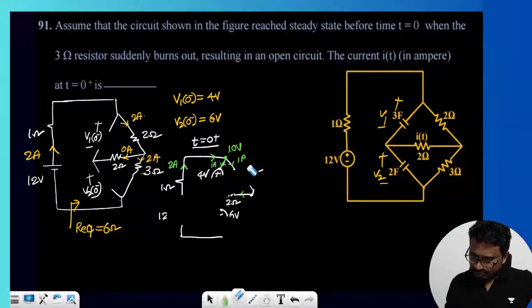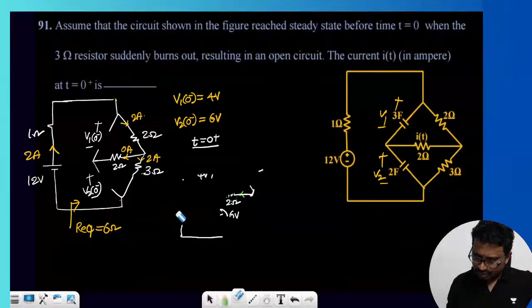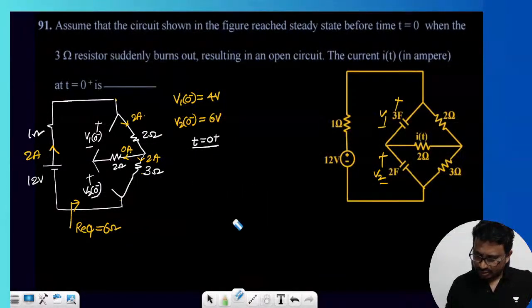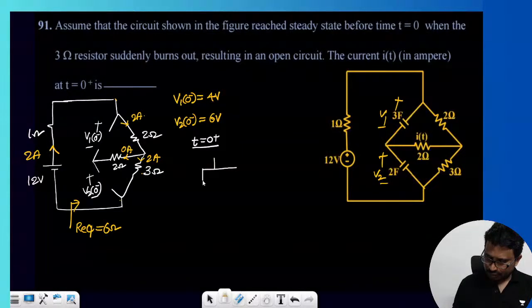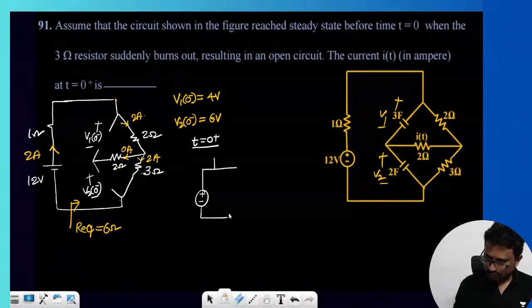Let me draw this part again, it's creating a little confusion. Right, so it behaves like a voltage source, and here is a resistance of 2.